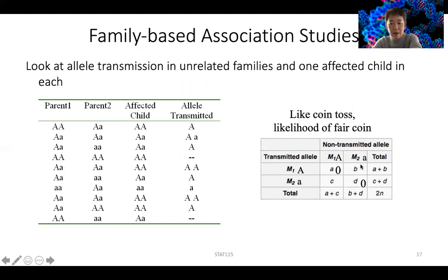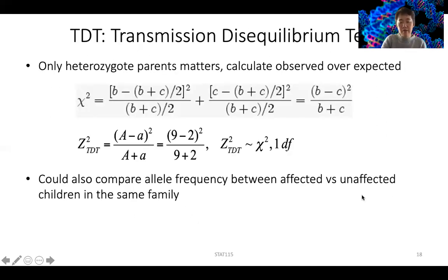B is how many big A are transmitted. The other, A and D, are zeros. And you look at the expected versus the observed. And from this, you calculate the chi-square. It will tell you whether it's significant. And you do this across all the SNPs, all the SNP locations in the genome. Do we need to worry about multiple hypothesis testing?